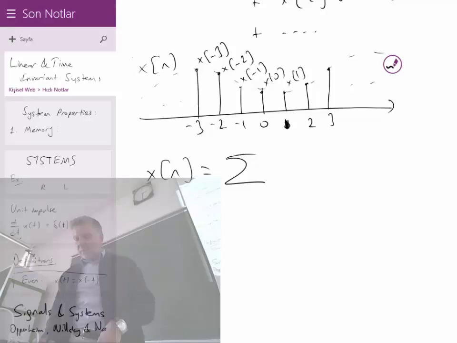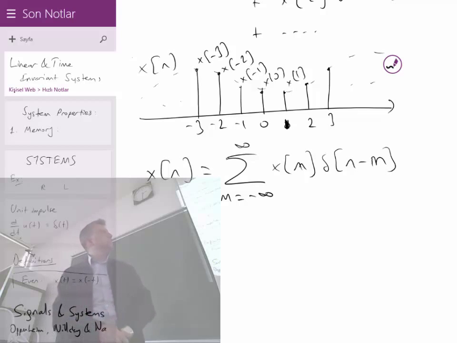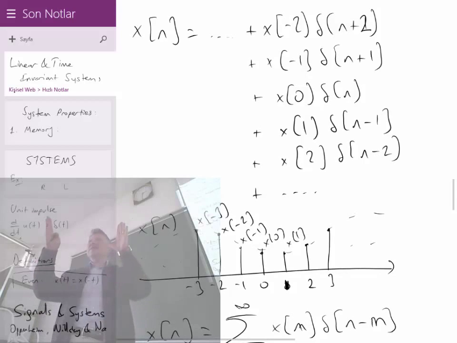That is equal to the summation over m from minus infinity to infinity, x of m delta n minus m. Is that okay? Yeah. I think I didn't make a mistake there. I was a little bit confused about running indices and things like that. But for example, the top one is just an intermediate summation portion of this infinite sum.